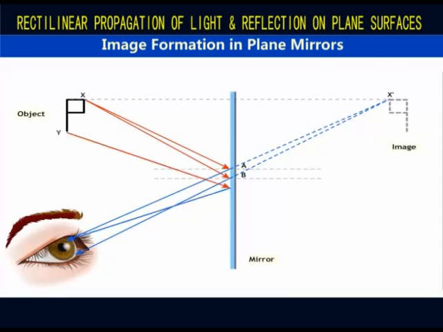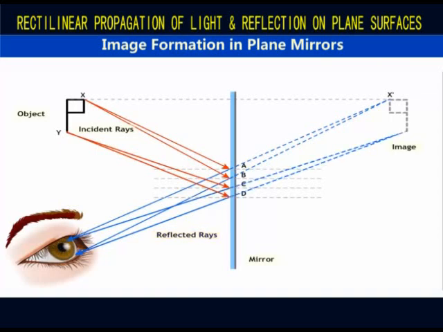A light ray from Y is incident on the mirror at C, and the reflected ray travels to the eye. Similarly, another ray from Y on the object is incident at D, and the reflected ray reaches the eye. Extending the two rays again, they meet at Y', which is the image of point Y on the object.